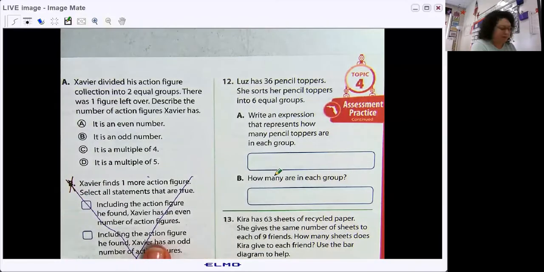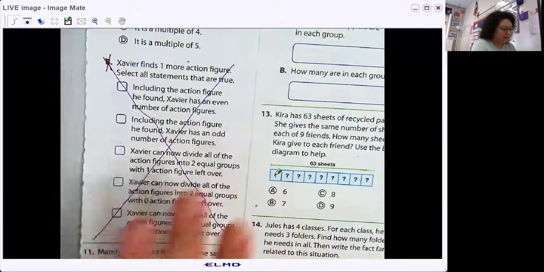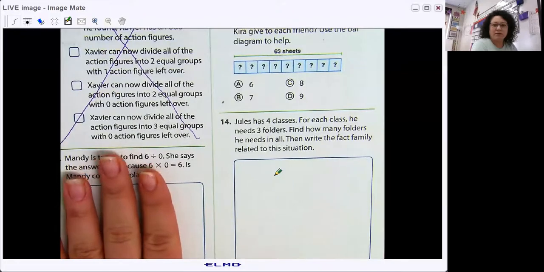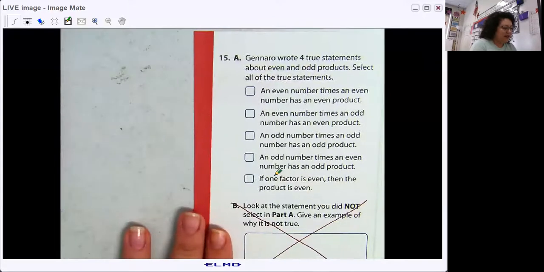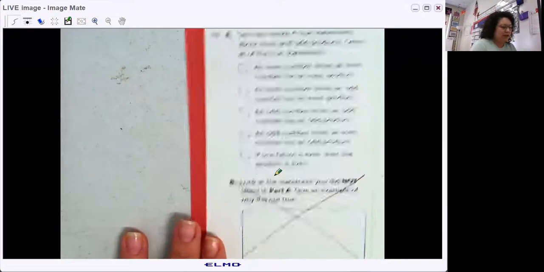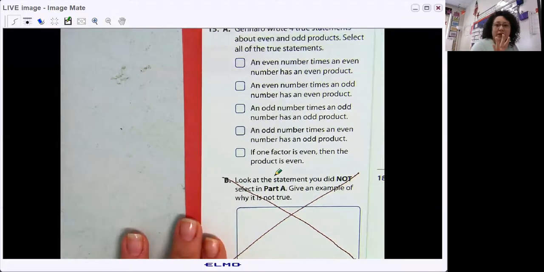12 is good. 13 is good. 14 is good. 15A, yes. B, no. So 15A, it says Gennaro wrote 4 true statements. Select all. So there's going to be 4 correct answers in that one.